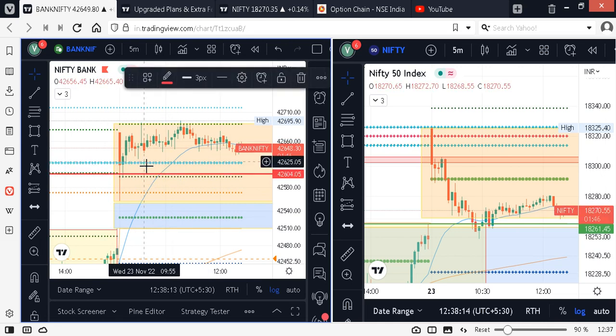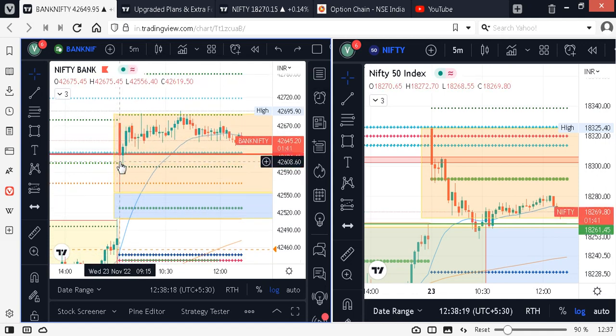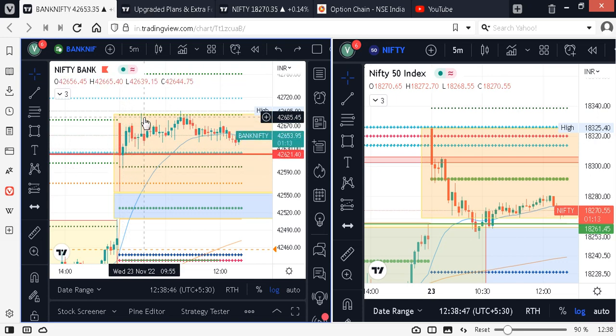This is the weekly resistance I have marked here, and closing above such big resistances makes them act as support once price closes above them. This candle closes above it, so these two resistances act as support. With this support, you enter after the close of this candle, put your stop loss below this, and aim for the next pivot. These are called high probability trades.